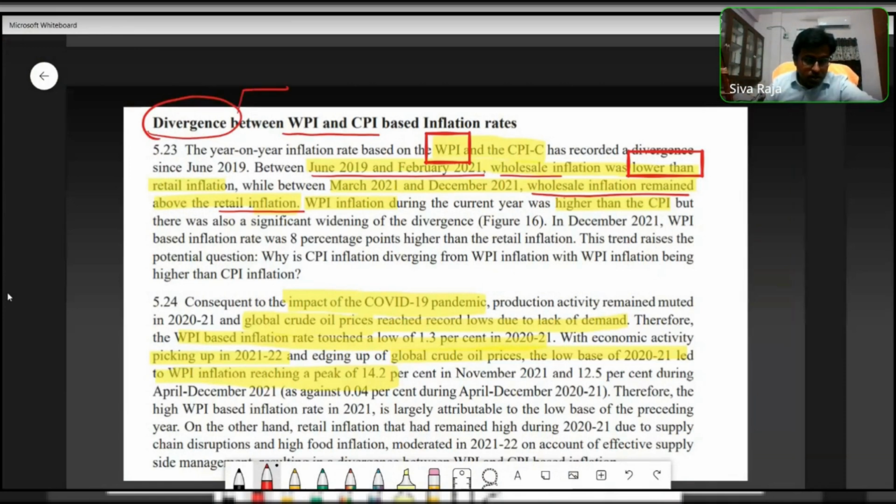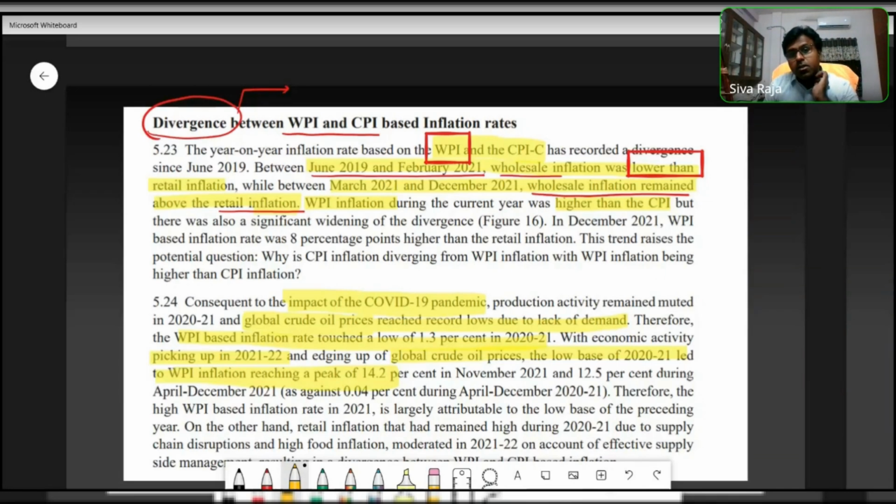This is in the economic survey. UPSC may say that wholesale price index and consumer price index will always be the same, that they will go up and down together. But look at this: the economic survey says there is a divergence.